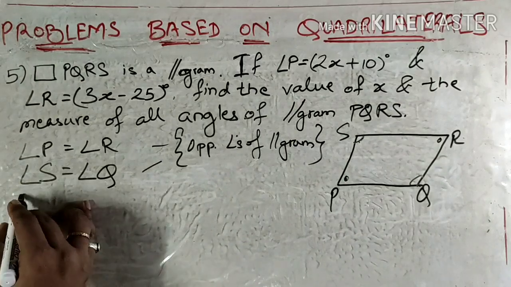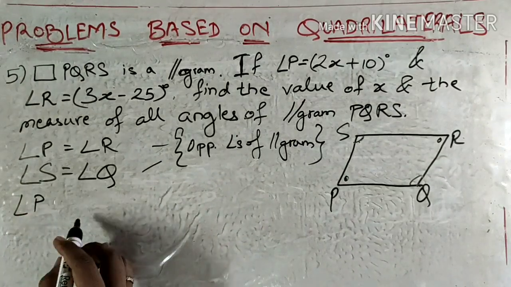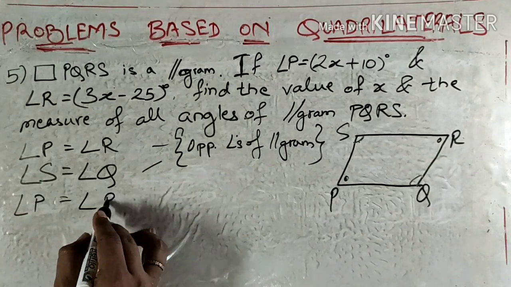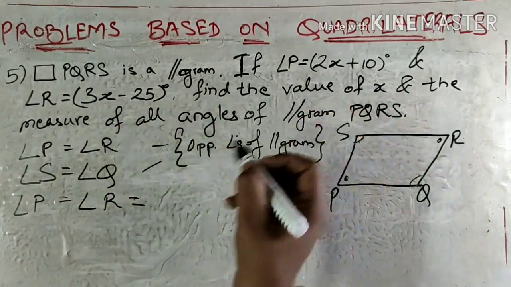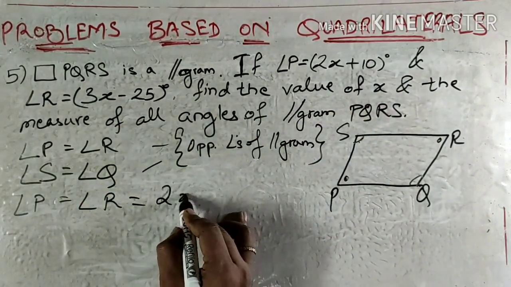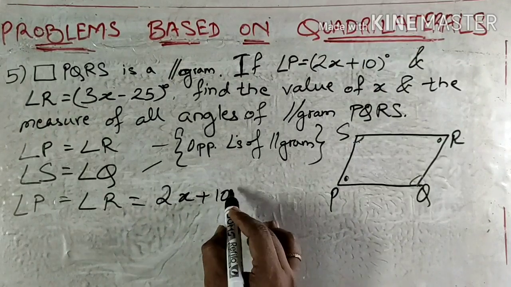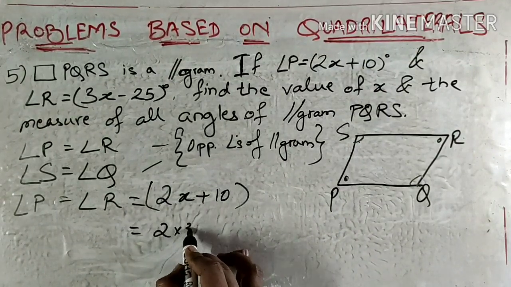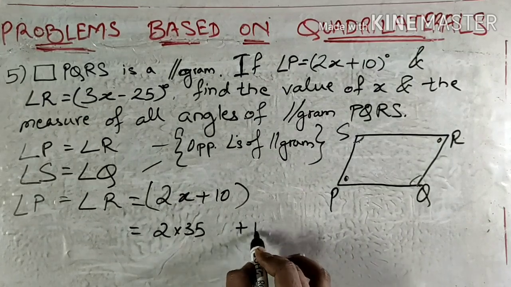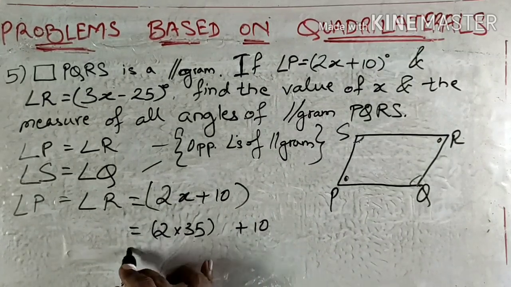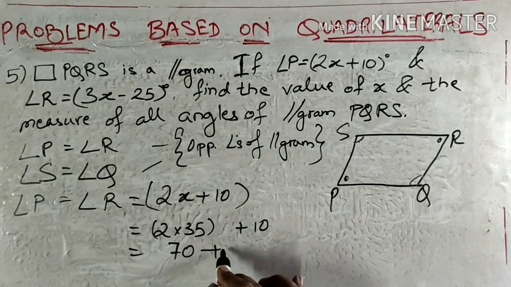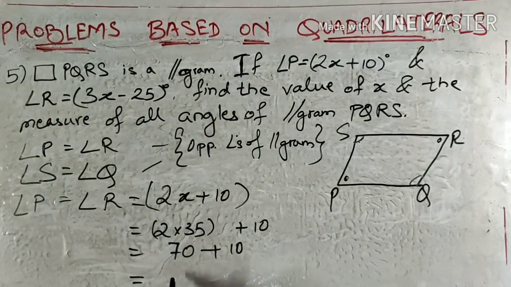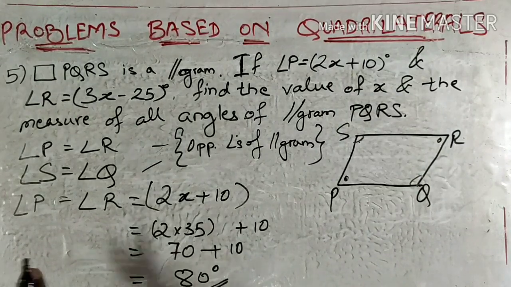Now we are supposed to find individually what angle P is equal to angle R is equal to, the value is 2x plus 10, which is given in the question, gives you 2 into 35 plus 10, 70 plus 10, which gives you 80 degrees. So angle P and R are 80 degrees.